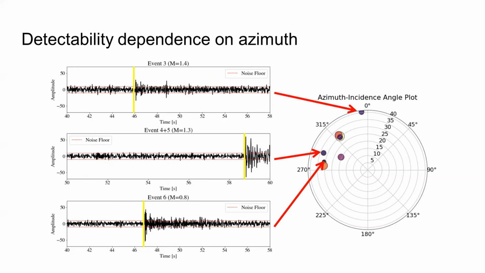If we look at the figure on the right, you can see the azimuth of each event. For event 3, this is the azimuth, and for event 6, this is the azimuth. For this azimuth, the amplitude appears weaker than for this one.